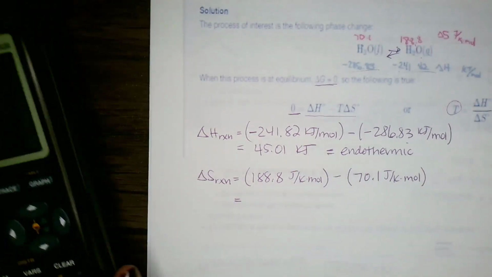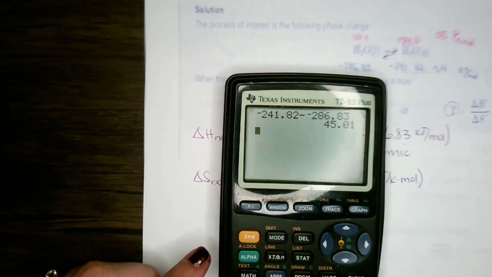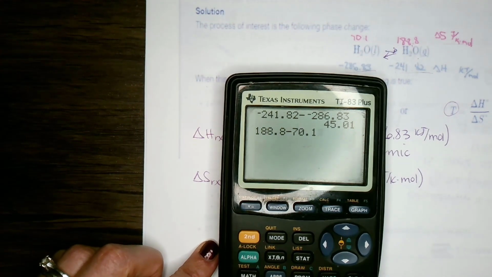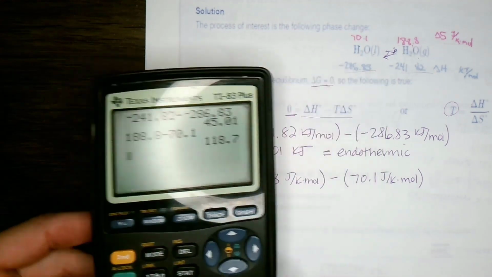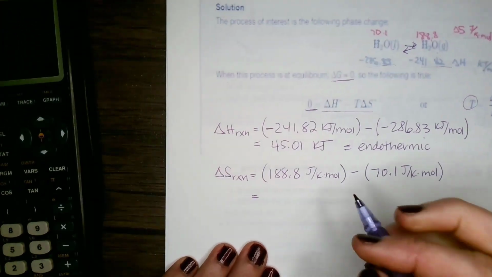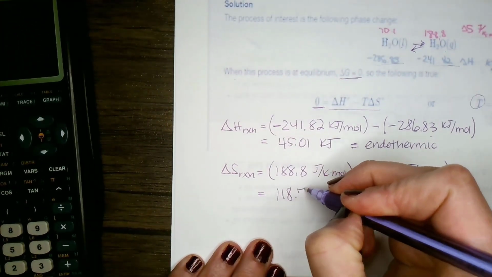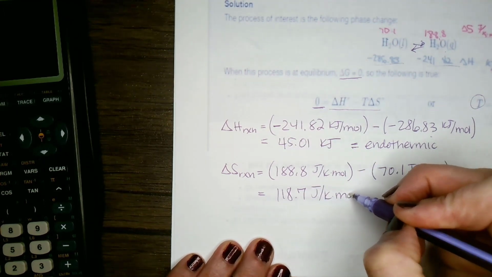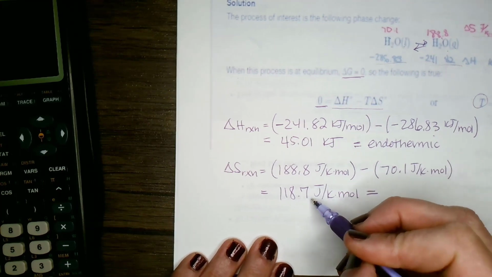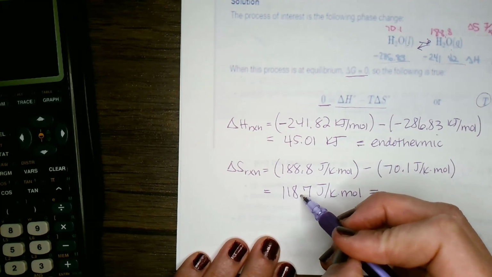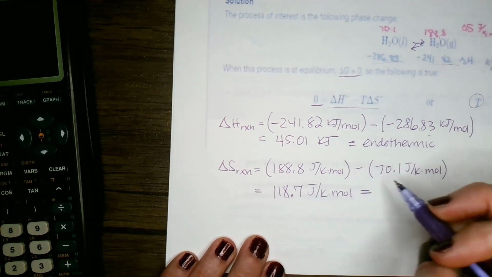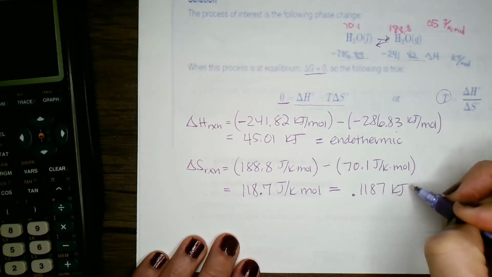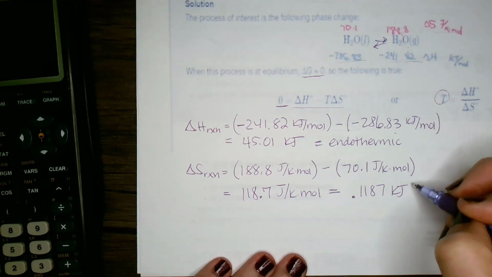Let's do that math: 188.8 minus 70.1, we have positive 118.7 joules per Kelvin mole. Let's change that to kilojoules. We need similar units when we're dividing, so that's just going to move the decimal back 3 spots. So 0.1187 kilojoules per Kelvin mole.